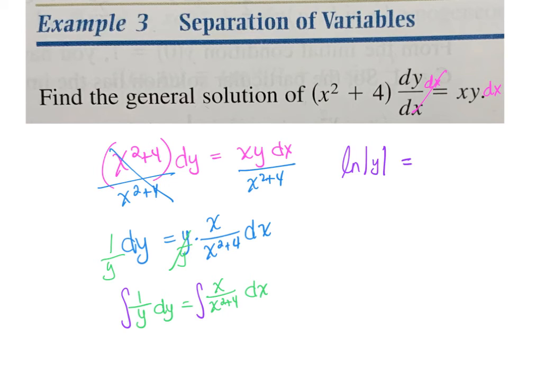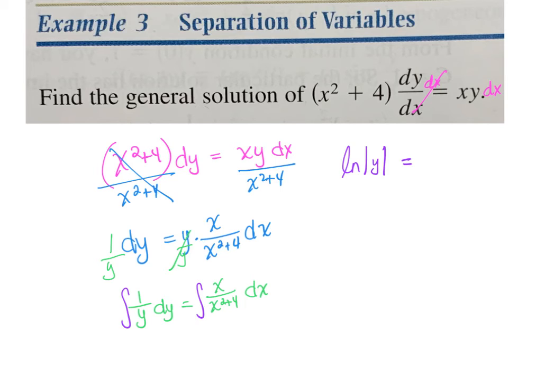On the right-hand side, I'm going to have to really think about u substitution. My denominator here would be my u substitution. I have x squared plus 4, and then I have an x on top, right?